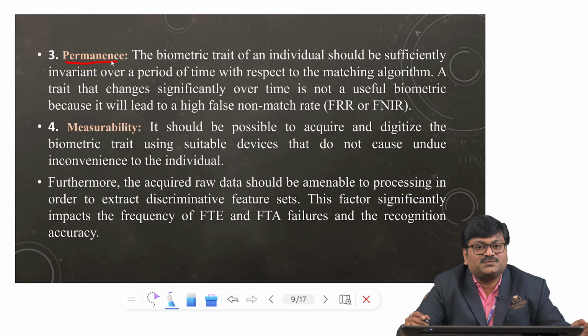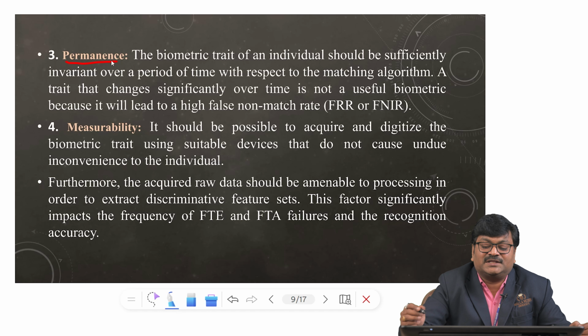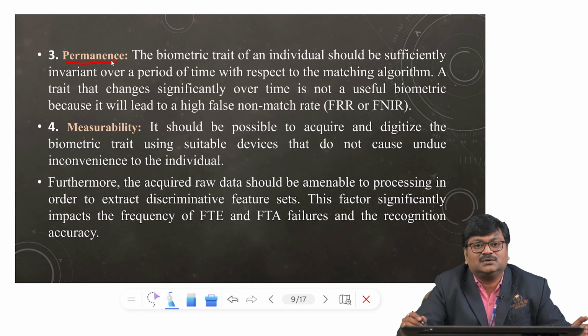So along with one fingerprint impression, I need to give multiple fingerprint impressions so that access is granted to the right person. So permanence is always related to how well we can give an impression over a period of time.